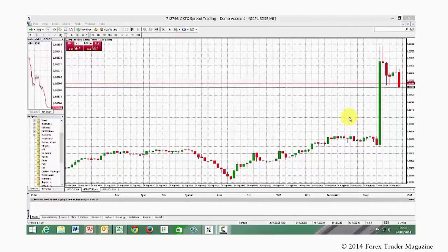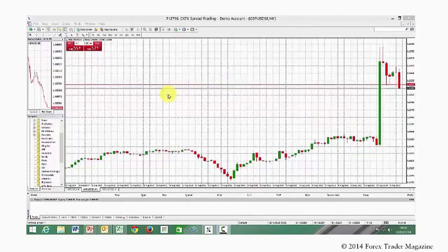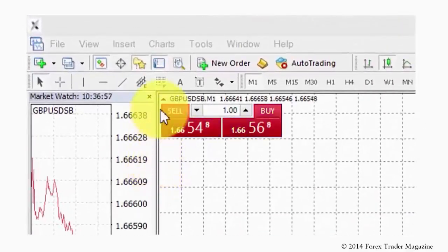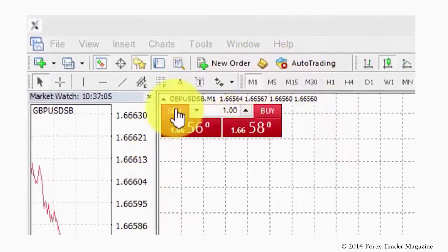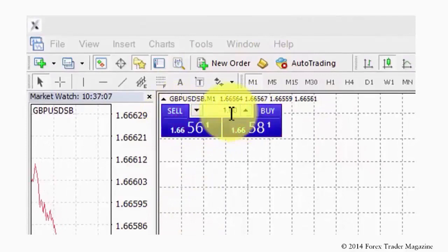So, in order to open or close a trade, we simply need to go to this area here, and you can see buy and sell. We've also got a volume indicator here, and it's very important that we make a decision about the volume of the trade before we open or close it.